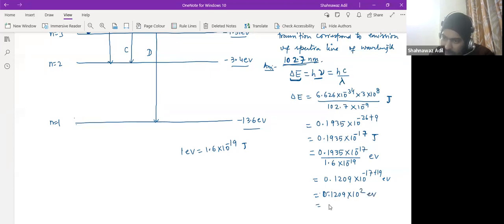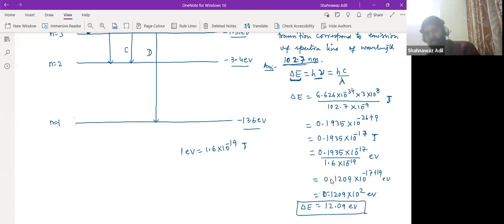So this is 12.09 electron volts. So this should be the energy difference. Right, guys?